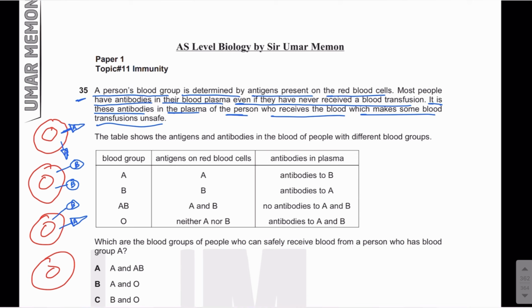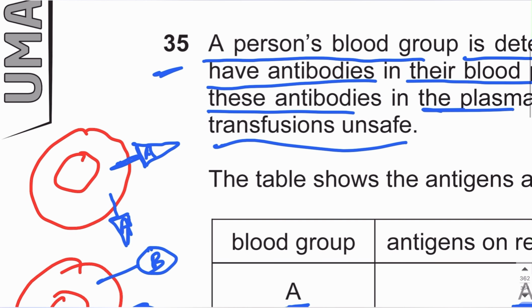So if a person has blood group A, this means that antigen on the red blood cells is A. However, the same patient will have antibodies to B. So let me give you an idea. This person has blood group A, right?